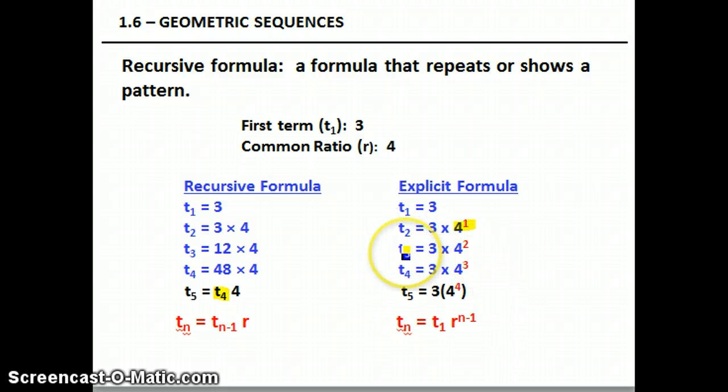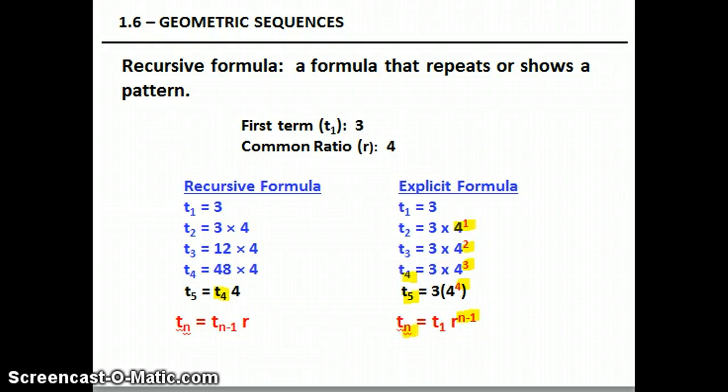So if we're looking for the third term, we're going to multiply 3 times 4 to the second power. If we're looking for the fourth term, it's the third power. The fifth term, it's the fourth power, and so on. So then our generalized formula becomes T sub n equals the first term times r, the common ratio, to the n minus 1 to get that previous exponent, or that previous term.